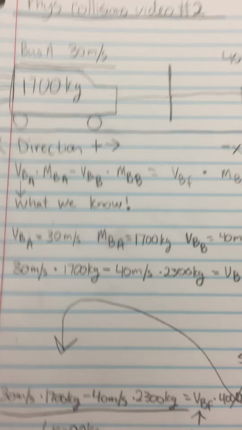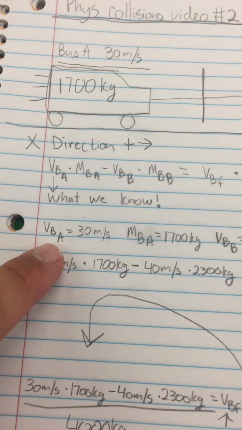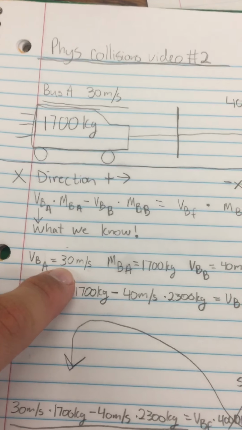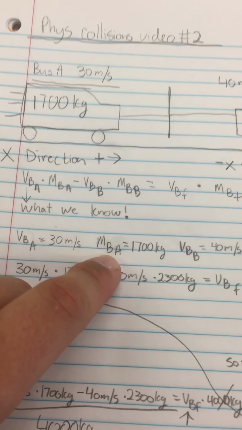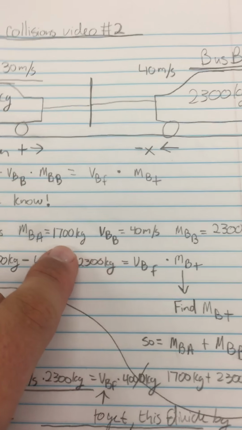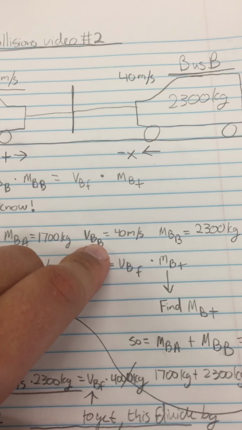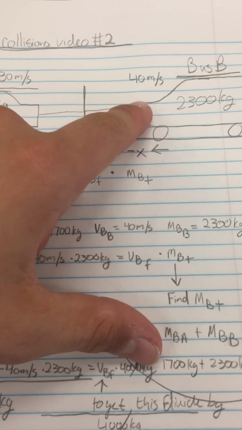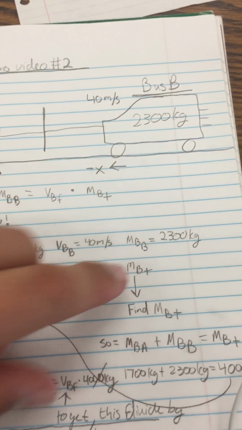So what we know in this problem, which they gave us in the question, was the velocity of bus A is 30 meters per second, and the mass of bus A is 1,700 kilograms, both right here. And then we want to put the velocity of bus B, which is 40 meters per second, and the mass of bus B, which is 2,300 kilograms.